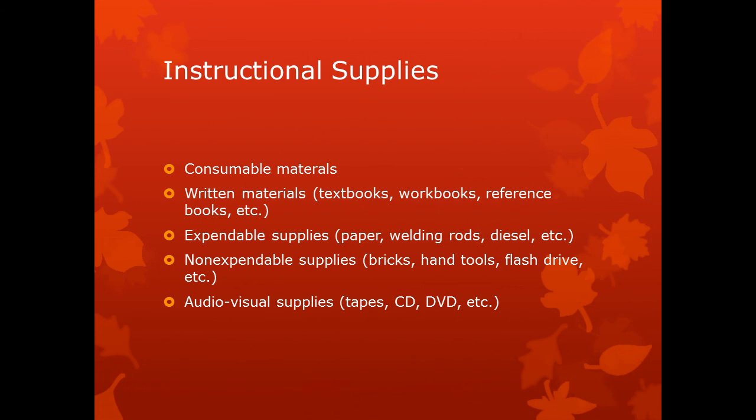Now, we've talked about equipment so far, but we also need something else in our labs, and that's supplies. This slide talks about instructional supplies. These are consumable materials. We use them and we can use them up. They can also include written materials like textbooks, workbooks, reference books, etc. Let's face it, if you're in public schools, you get a classroom set of books.